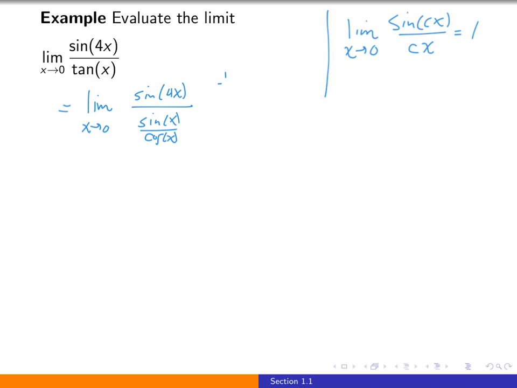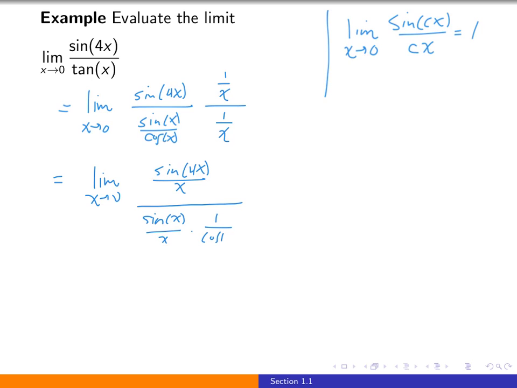So we will multiply the top by 1 over x and the bottom by 1 over x. So in the numerator, we have sine of 4x divided by x. And in the denominator, I'm going to break it up and write it as sine x over x, because that's something we've seen we can work with, multiplied by 1 over cosine x.